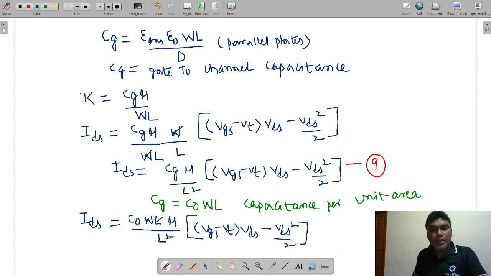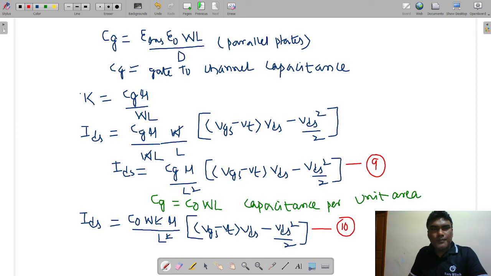Now L and this square will be cancelled. Then C naught into mu W by L. So this will be equation number 10.